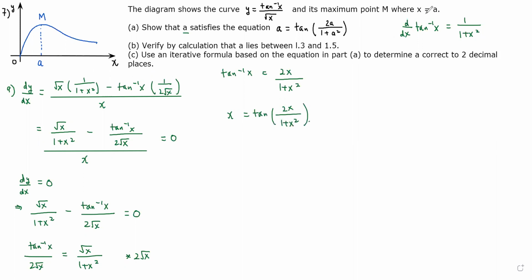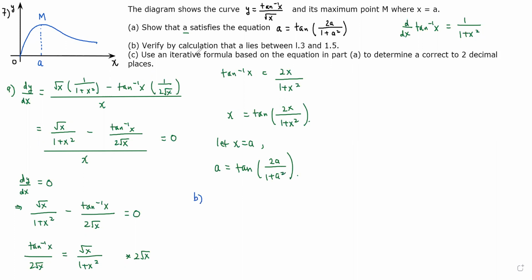And this x equals A at this maximum point. So we let x be A, and we have A equals tangent of 2A over 1 plus A squared. That is part A.